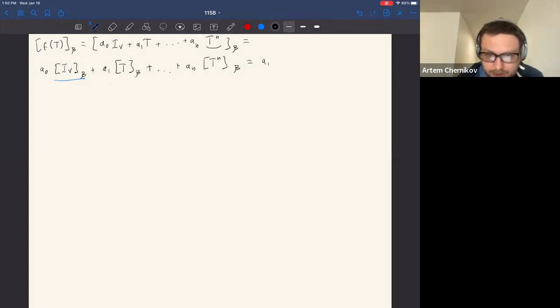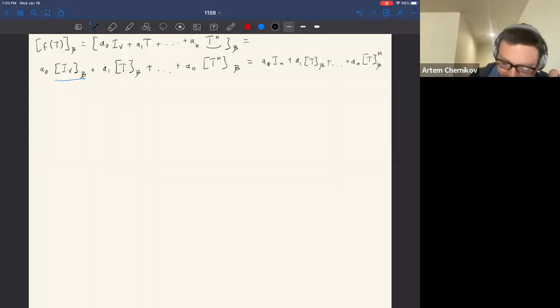So then we get a0 times I_n, plus a1 times the matrix representing T with respect to beta, etc., plus an times the matrix representing T with respect to beta to the power n. Because remember, the matrix representing a composition of linear operators is just the product of the matrices representing these linear operators. So that's how we get this step.